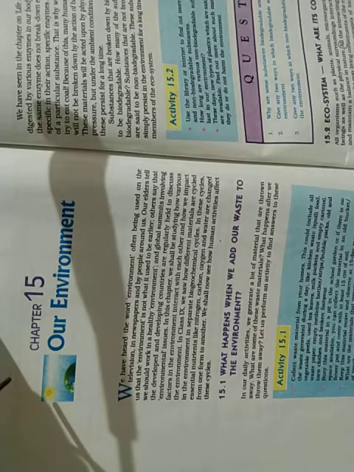Mark that place so that you can check after 1 or 2 months. When you check that place after 1 or 2 months, you will find that the paper has decomposed but the plastic remains as it is. This shows that paper is biodegradable and plastic is non-biodegradable.